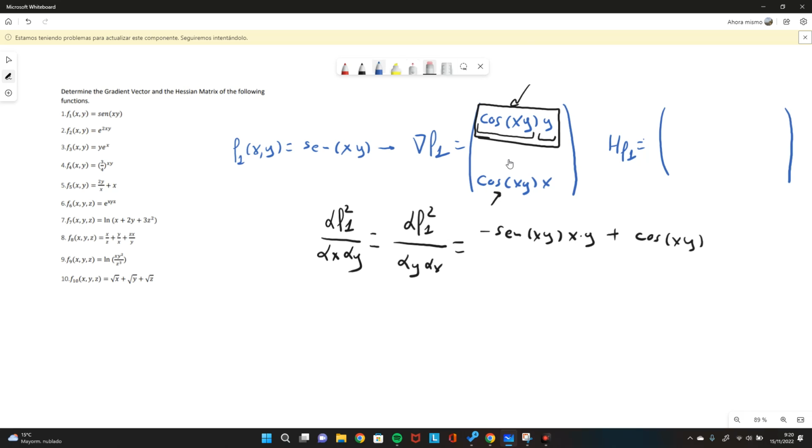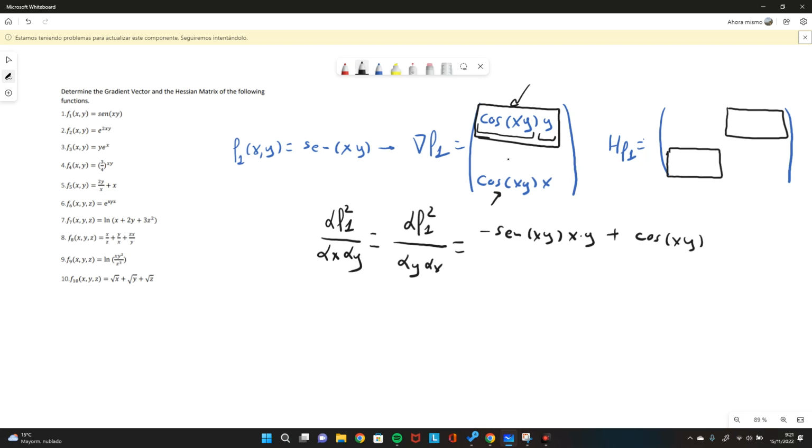This is the derivative that goes here, and also the derivative that goes here, because these two are coincidental. In fact, when I do it the other way around, you'll see.